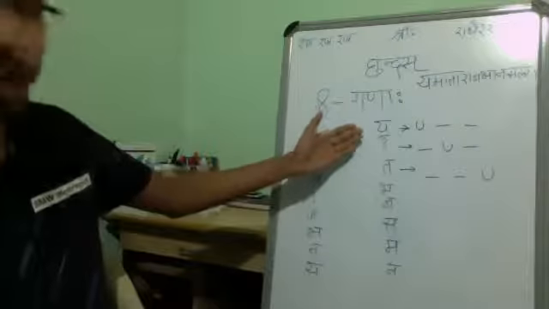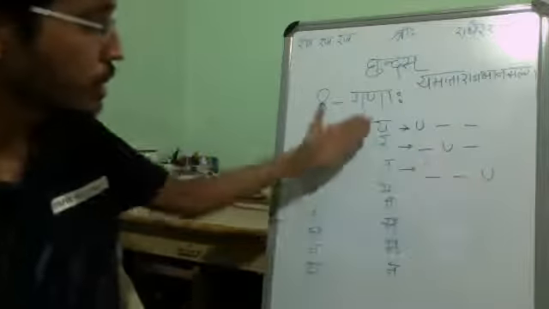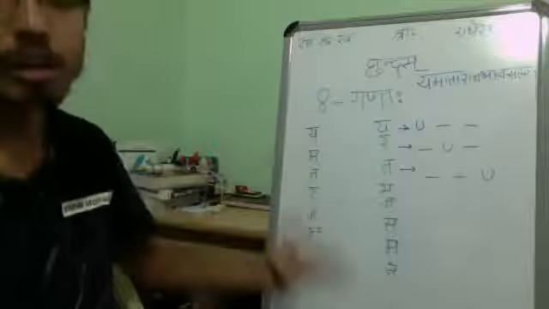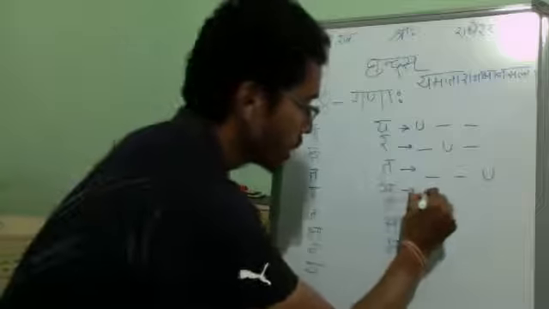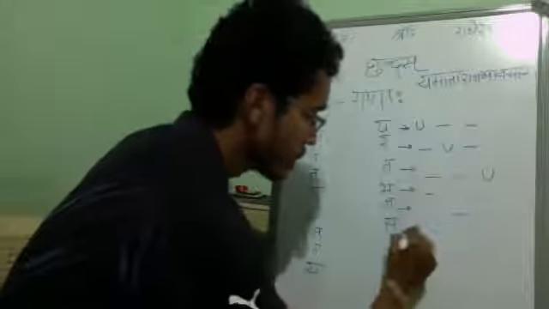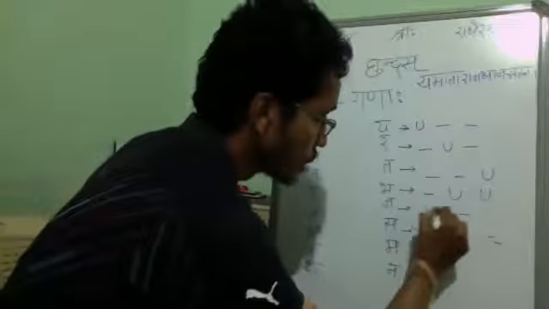So Adi Madhya Avasaneshu Yarata Yati Laghavam. Bhajasa Gauravam Yanti. So in a similar fashion, Bha gets Guru in the first, Ja gets Guru in the second, Sa gets Guru in the last. The remaining will be all Laghus.